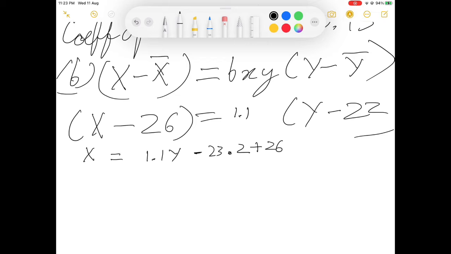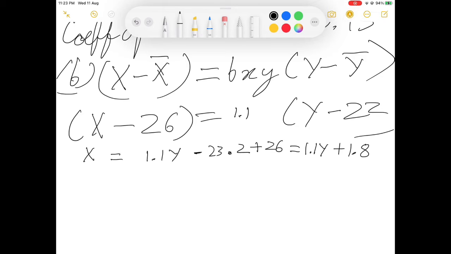Okay, so now 26 minus 23.2, so that will give me, wait, some error is there here, I'm not getting the correct answer. I've made an error somewhere. What mistake have I done? Let me correct it once again. Where did I go wrong?